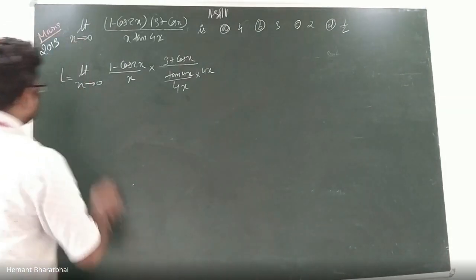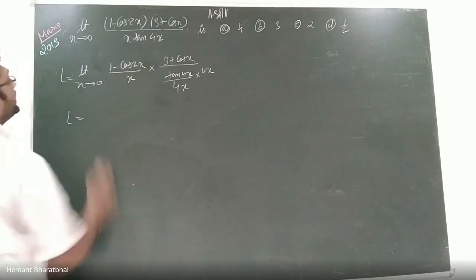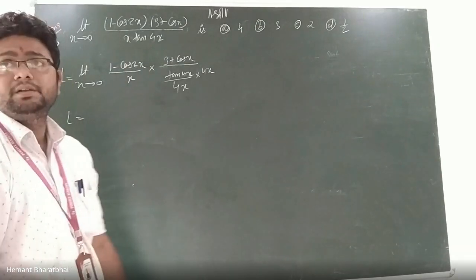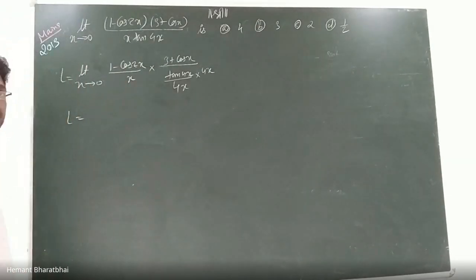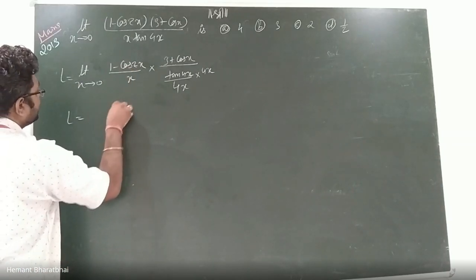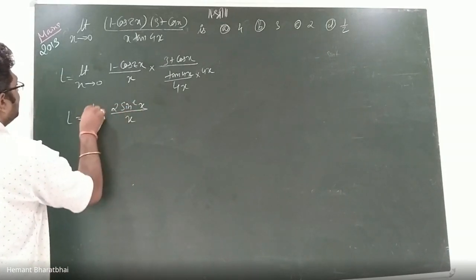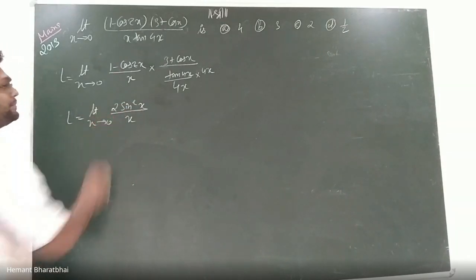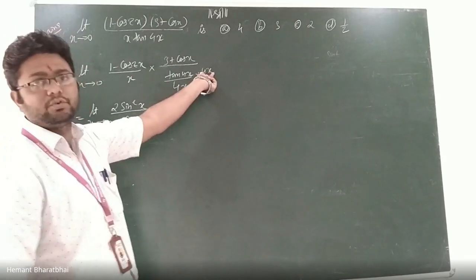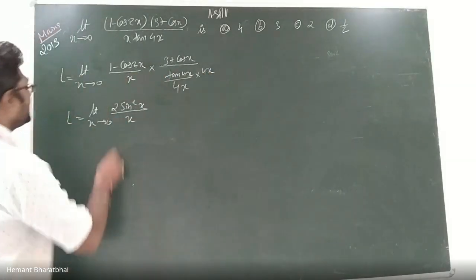Let's do this. I'll get L is equal to, and here also meantime, 1 minus cos 2x. So 1 minus cos 2x is 2 times sin square x. So this will become 2 times sin square x upon this, limit of x tends to 0. And here I have this 4x which I had adjusted, so I can bring it over here.